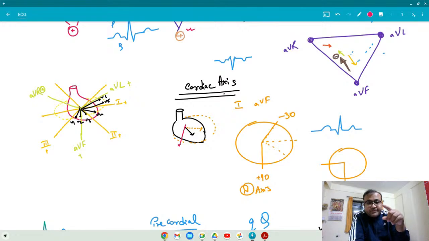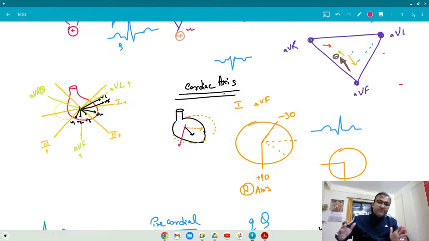That means suppose in lead 2 and lead 3, along with AVF, the QRS is positive. Lead 2, lead 3, along with AVF, all of them have QRS positive. And in lead 1, instead of getting a Q wave, you get a predominant S wave, meaning the Q wave is tiny and the S wave is bigger.